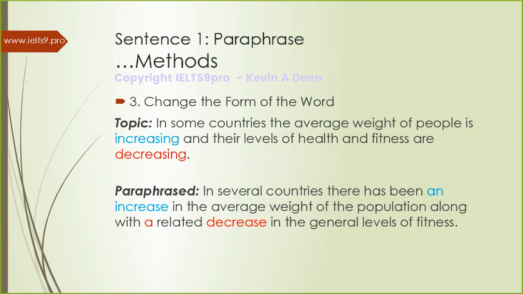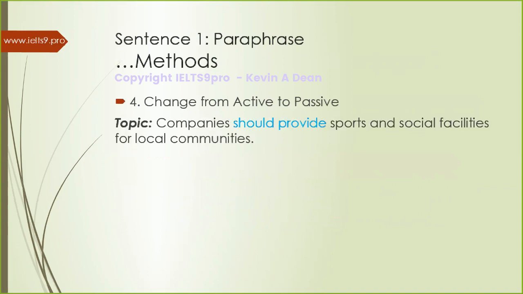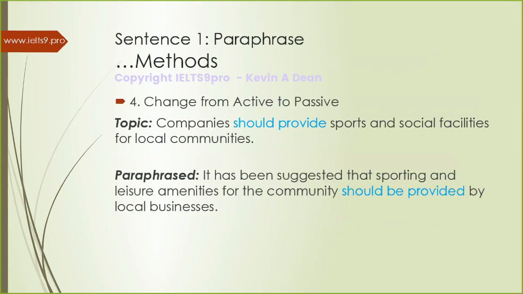Decreasing becomes a decrease. How about that? So the fourth, because it's an academic essay, you can make it passive. Perfectly fine. So should provide becomes should be provided by. Excellent.